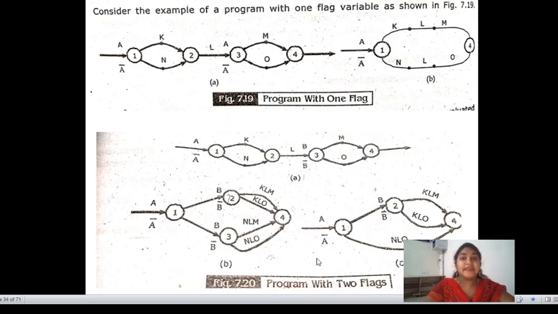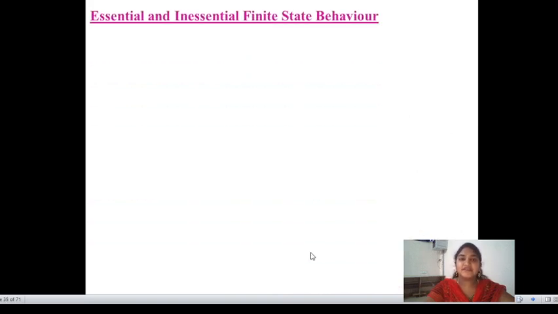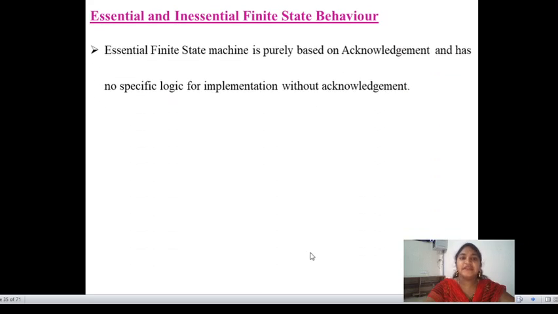So this is one of the main testability tips to be followed while state testing is performed. Next we will go for essential and inessential final state behavior. Essential is nothing but the most important. FSM is used purely based on acknowledgement received. Whatever acknowledgement is received from another state, if the state position or behavior changes, then the acknowledgement will be received and then the next state processing will be done.